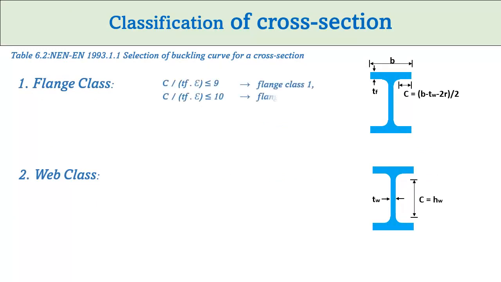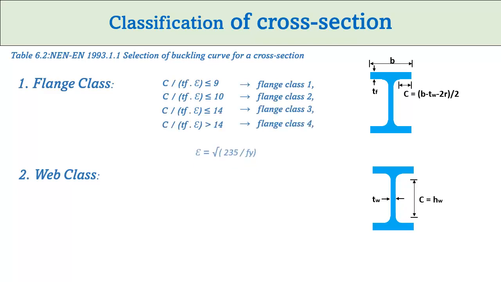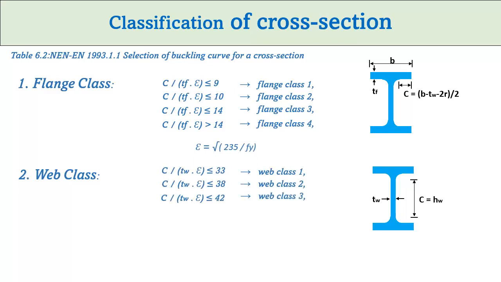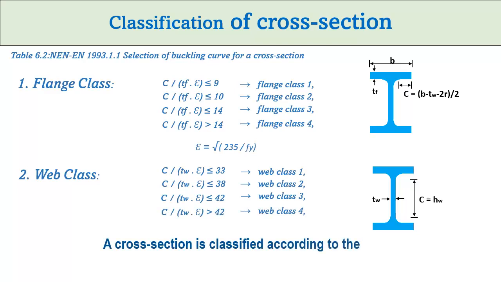Flange class depends on the ratio between the c of the flange and its thickness. Web class depends on the ratio between the c of the web and its thickness. The highest class is taken as the class of the cross-section.